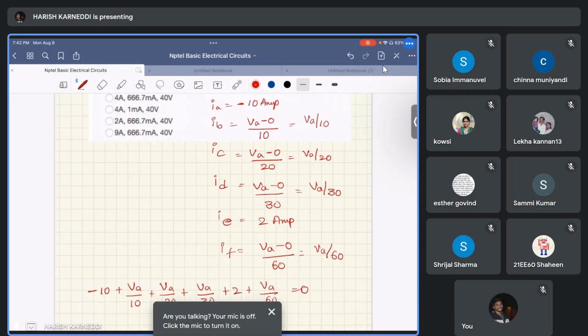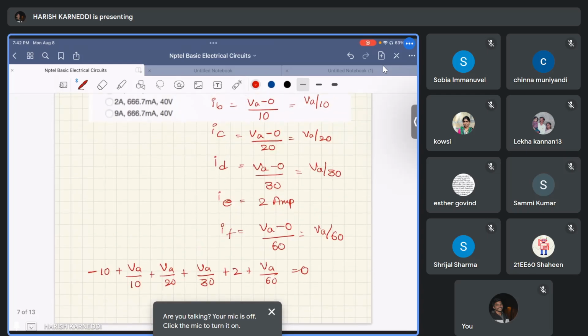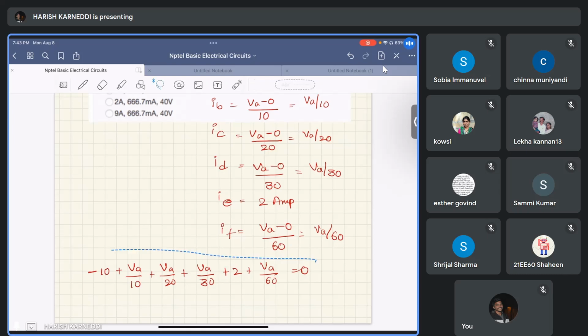That is our nodal equation at the VA node. We can copy this equation and paste it on the next page.